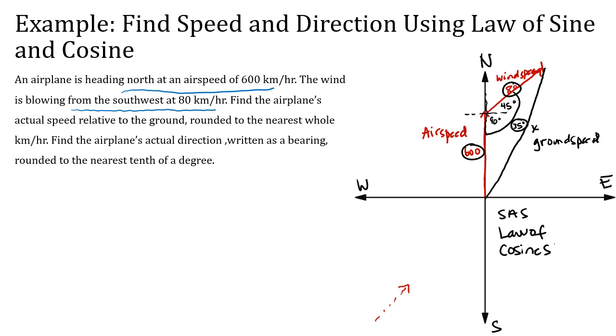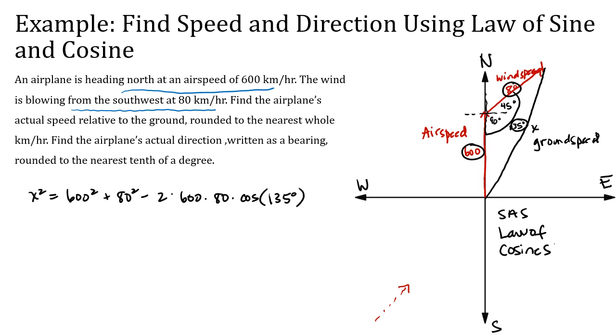So using the law of cosines, x squared is equal to 600 squared plus 80 squared minus 2 times 600 times 80 times the cosine of the angle that's across from x. And the angle that's across from x is 135 degrees.